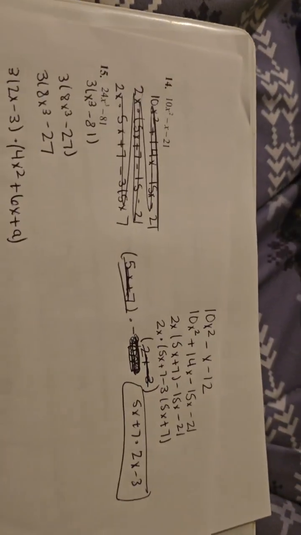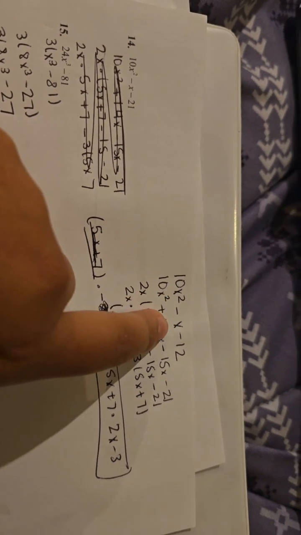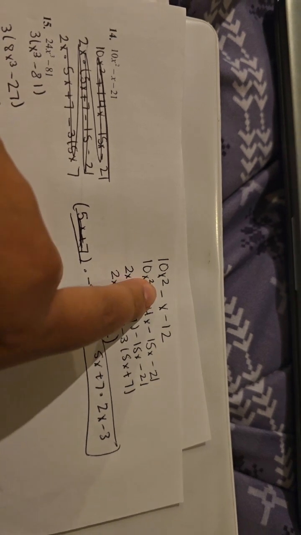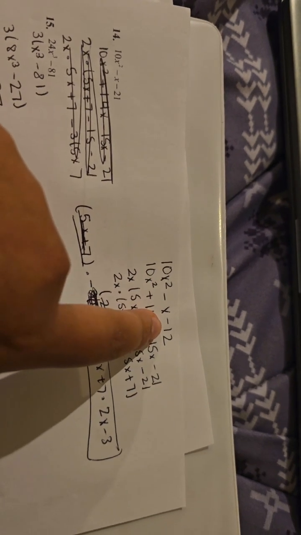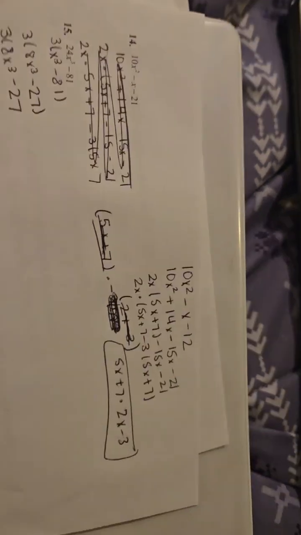So question 14 is the same thing, right? We have our 10x to the power of 2, negative x, take away 12, right?